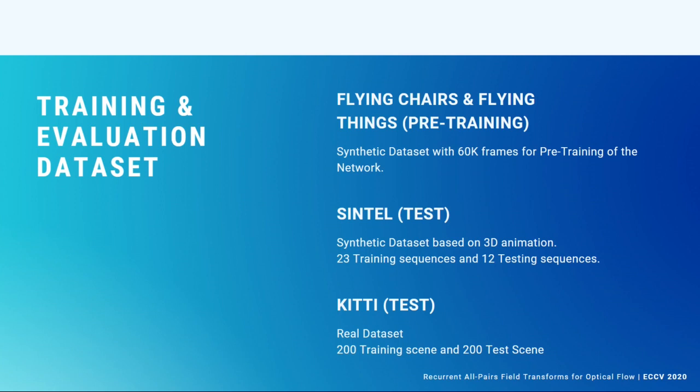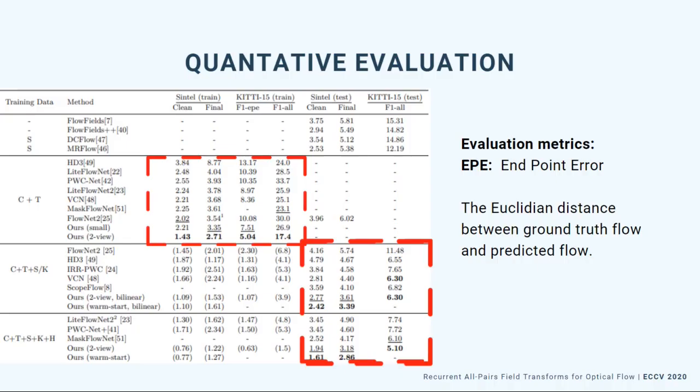The one is Sintel, a synthetic data set based on 3D images like animations, and there are 23 training sequences and 12 testing sequences in Sintel. While in the KITTI dataset, they have 200 training scenes and 200 test scenes.